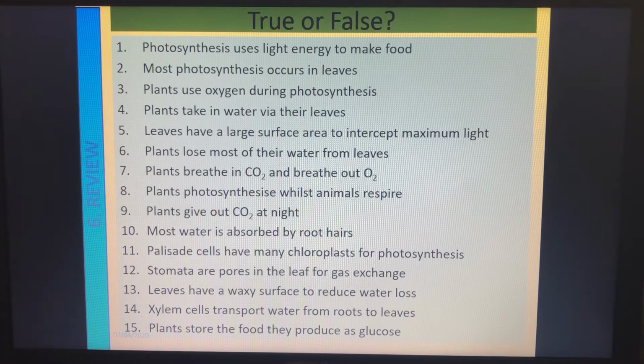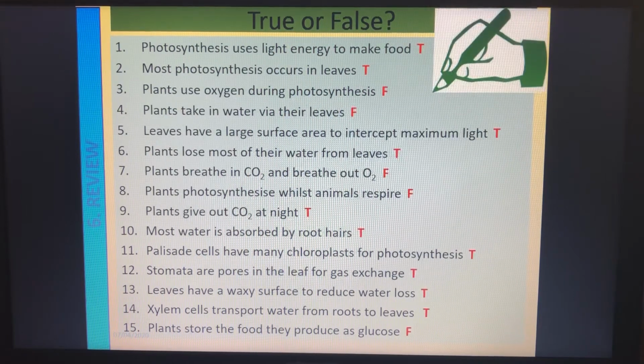Okay, so here we go. We're going to get our green pens out now and see if we are right. Let's go through our answers. This is the last slide for today's lesson. Photosynthesis uses light energy to make food. That is true. That food is called glucose. Most photosynthesis occurs in leaves. That is also true, as that's where the chloroplasts are found in the palisade cells.